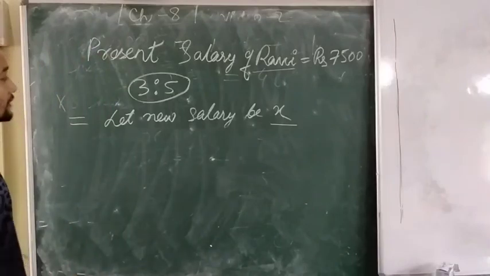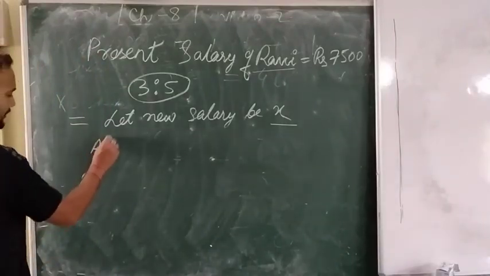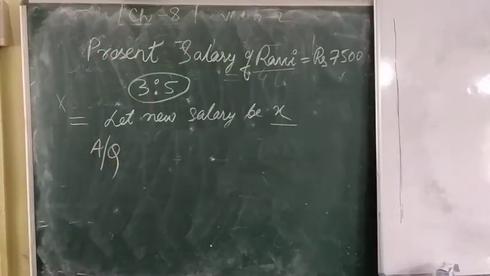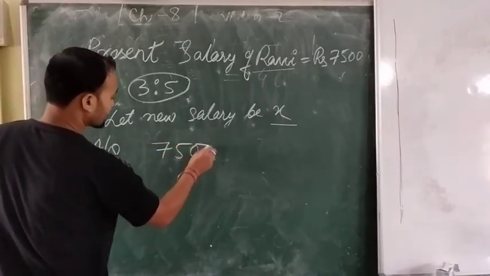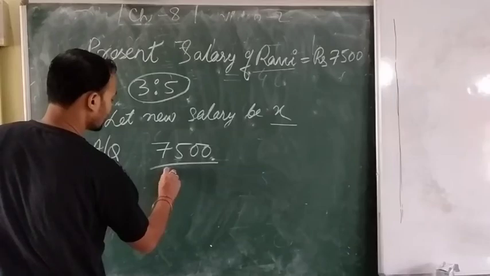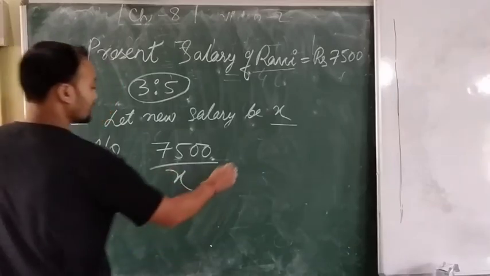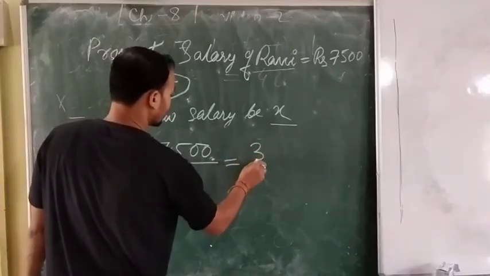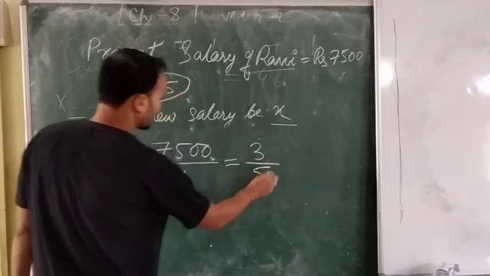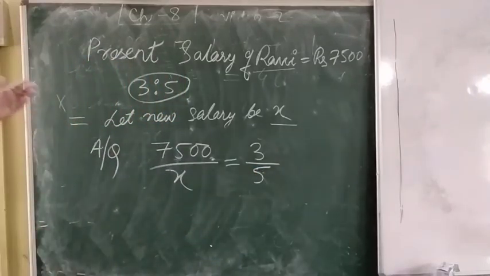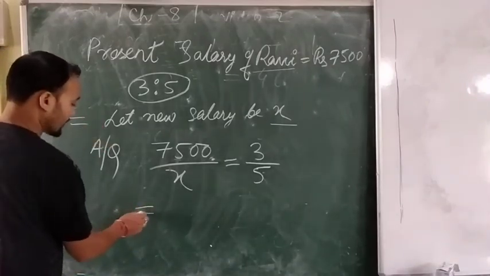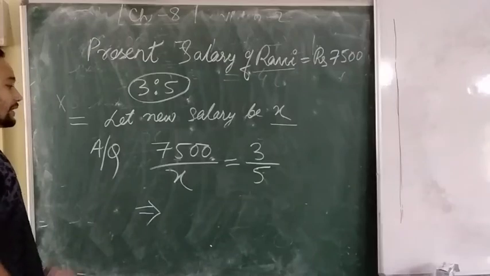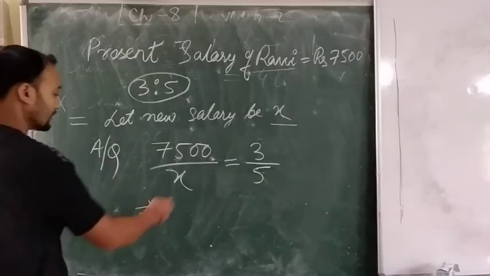Now when the ratio between the old salary and the new salary is calculated, it comes to be 3/5.